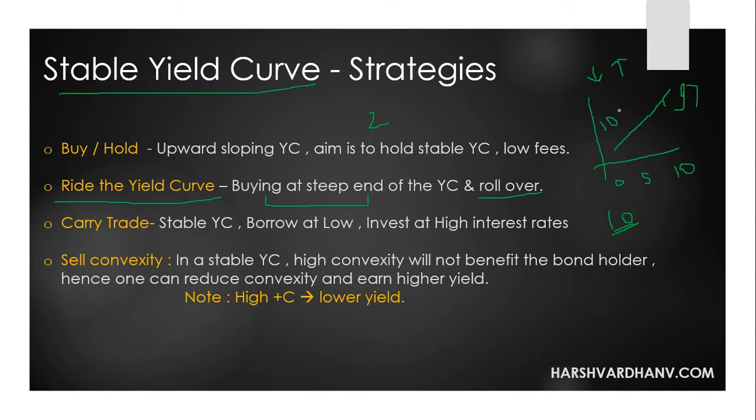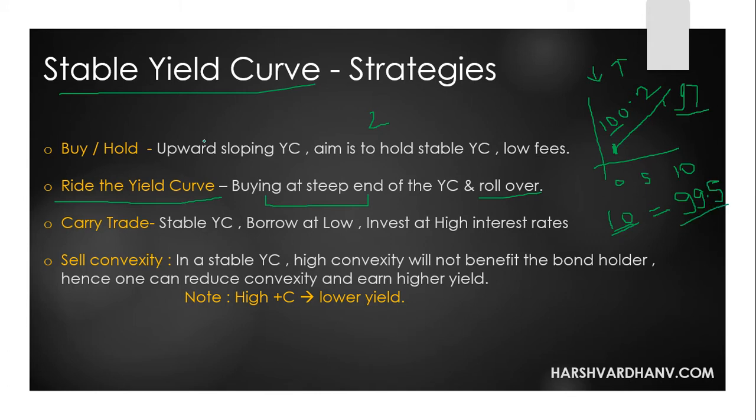The same security over here was 100 point something, say 100.20, because if you had bought over here for 2 years, you would have got it at an expensive price. But now since you have got it at the steeper end of the yield curve, the yield is higher, so the price is low. So you buy at 97, and after 2 years, maybe you get something like 99.5, for example.